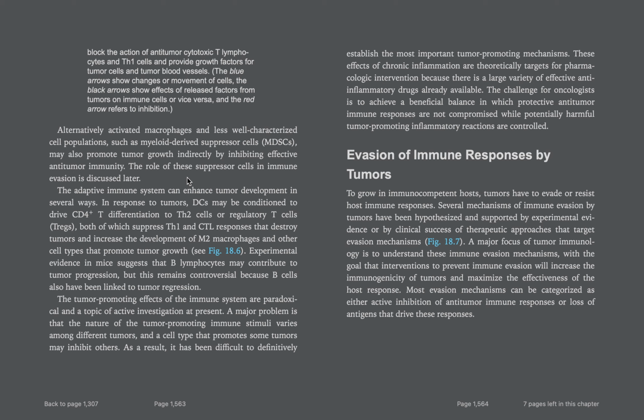A major focus of tumor immunology is to understand these immune evasion mechanisms, with the goal that intervention to prevent immune evasion will increase the immunogenicity of tumors and maximize the effectiveness of the host response. Most evasion mechanisms can be categorized as either active inhibition of anti-tumor immune responses or loss of antigens that drive this response.